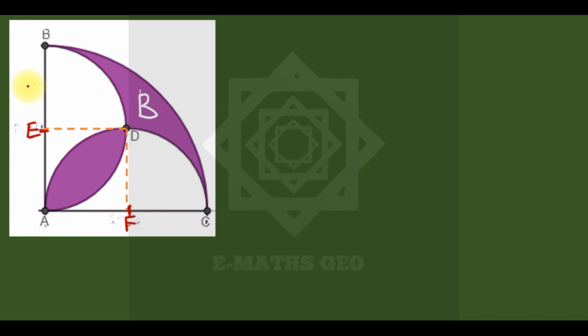Let's call this length BE, the radius, A. So this is also A, this is also A, this is also A. As you can see, to get the area of B, it's the same as subtracting these two quarter circles and the square from the bigger sector.